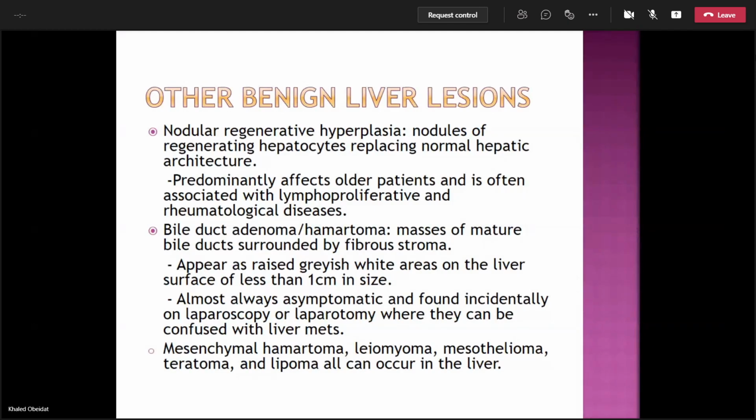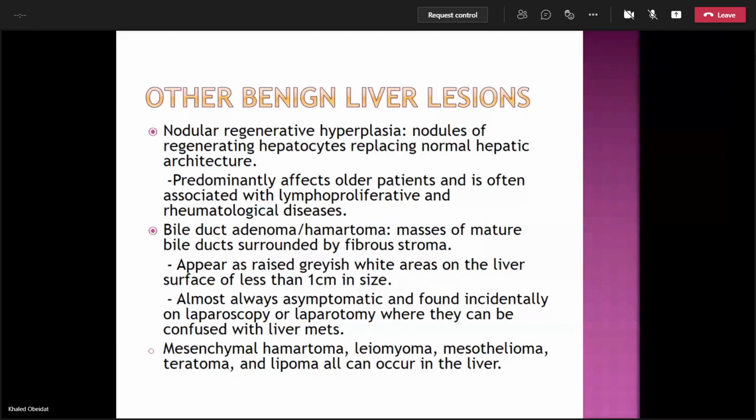All these are not that common, but we mention them because we may encounter them, especially if we are doing staging laparoscopy or diagnostic laparoscopy before operating for, example, gastric or pancreatic cancer. These lesions may appear on the surface, especially the bile duct hamartoma. They may appear on the surface and they may mimic deposits or metastasis on the surface of the liver.